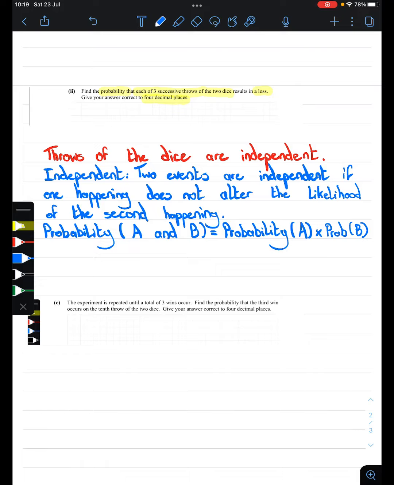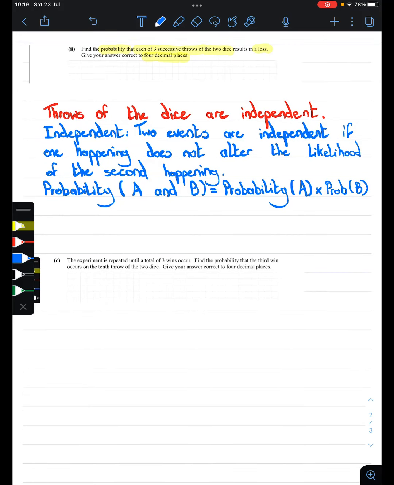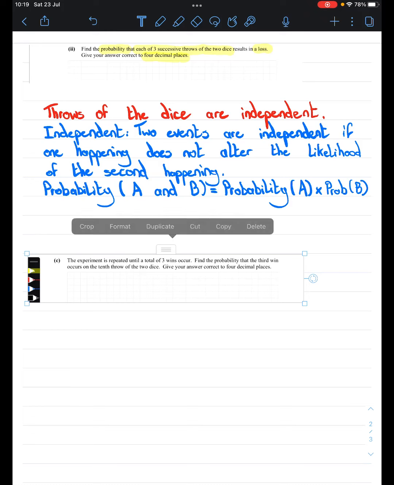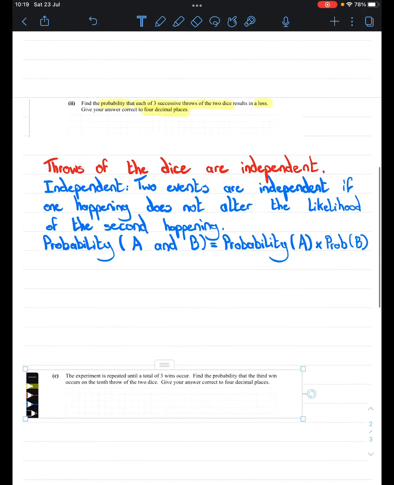So for example, if I flip a coin and it lands on heads, and I flip a coin and it lands on heads again, the chance of that happening is 1 over 2 times 1 over 2, 1 over 4. Okay, so we're going to use that to solve this question.